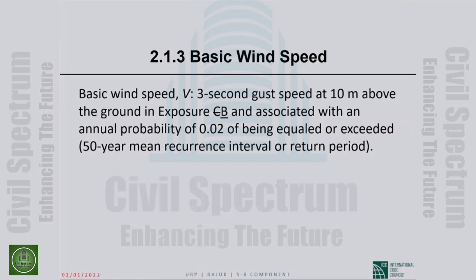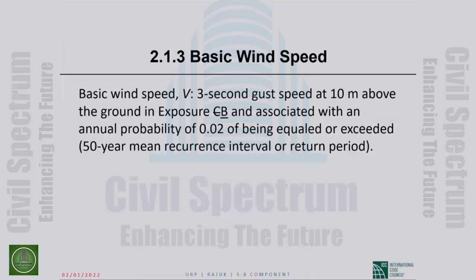Okay, so V is the 3-second gust speed at 10 meters above ground of exposure B. That is essentially suburban exposure. It's neither very smooth nor very rough. In addition to those, it is associated with a return period of 50 years.